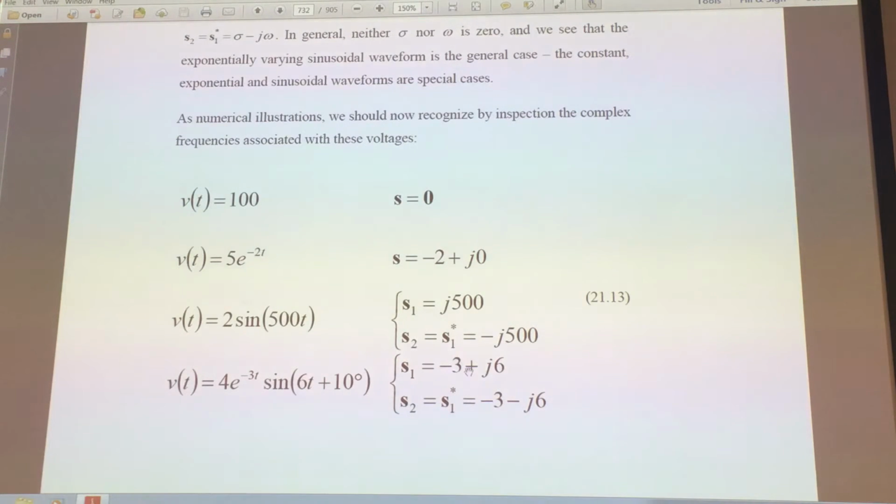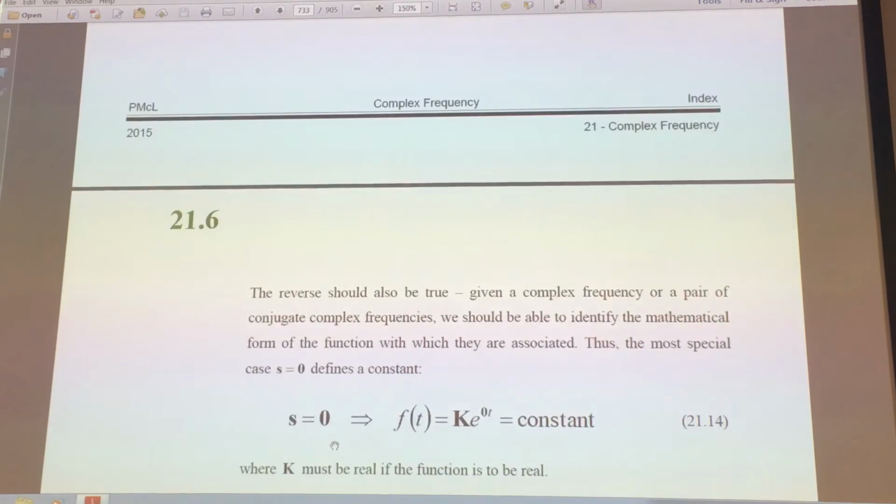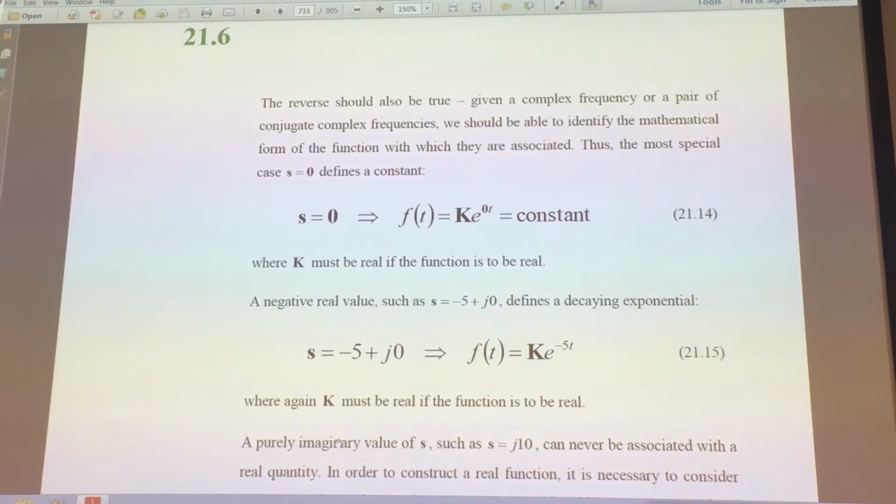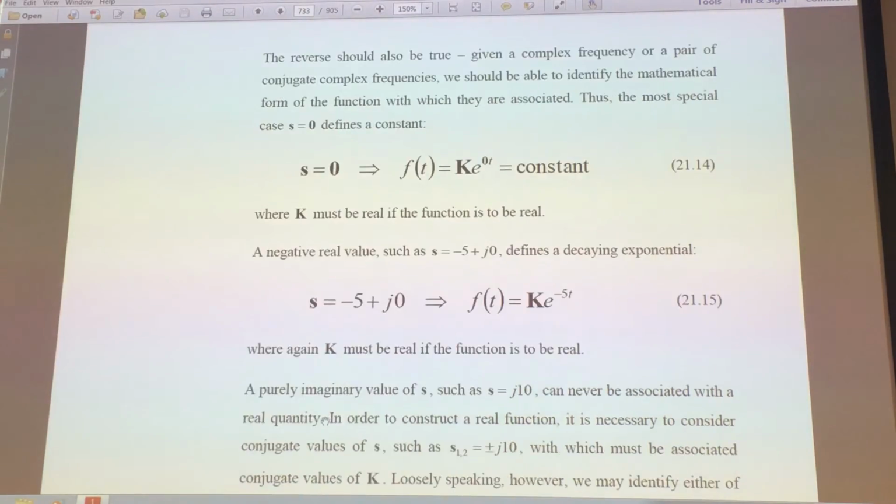We have the real part, which is responsible, as I said, for the exponential part in the time domain, and the imaginary part, which represents the frequency of the signal. We can, of course, go backwards. If we know the complex frequency, we can reconstruct the actual signal.